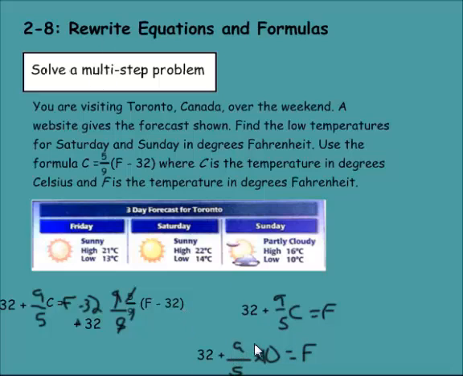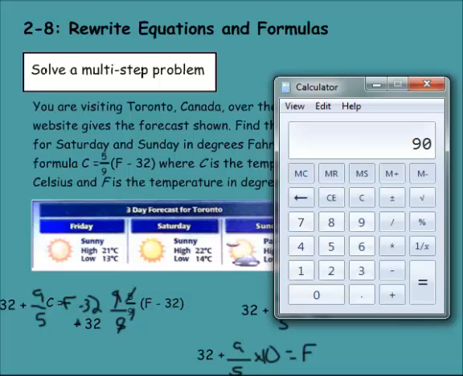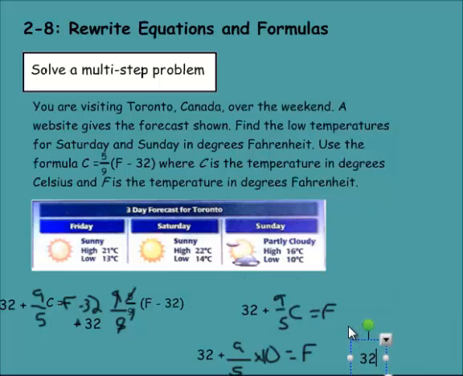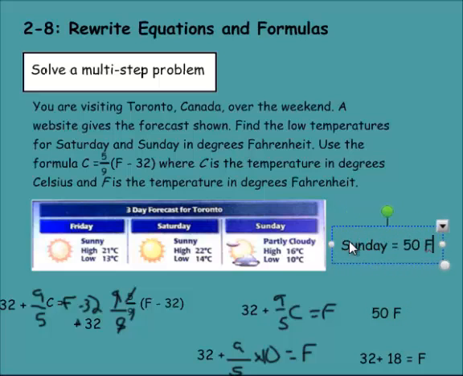Well, 10 times 9 is 90 divided by 5. What is 90 divided by 5? That'd be 18. So it would be 32 plus 18 equals degrees Fahrenheit. 32 plus 18 equals 50. So 50 degrees Fahrenheit would be the low for Sunday. So Sunday equals 50 degrees Fahrenheit.